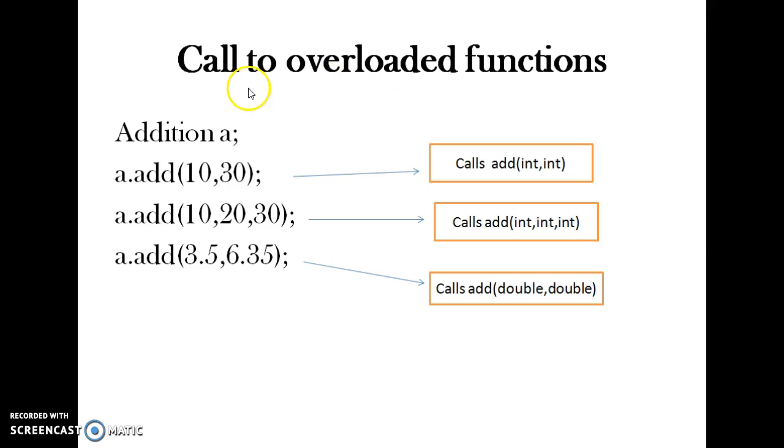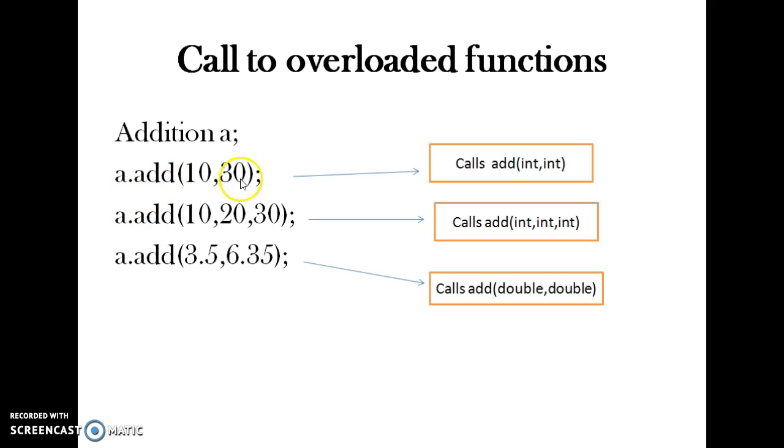Next, how these overloaded functions will be called. So first we need to have an object for calling the functions. For the addition class, if we create an object named a, then using a and the dot operator we can call the methods.